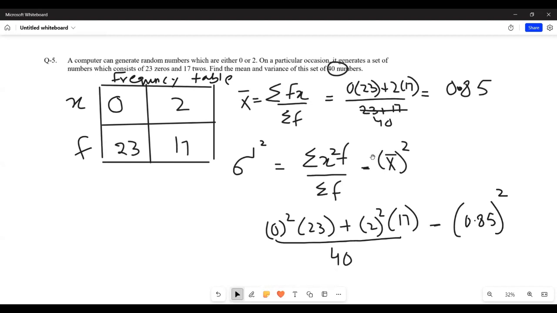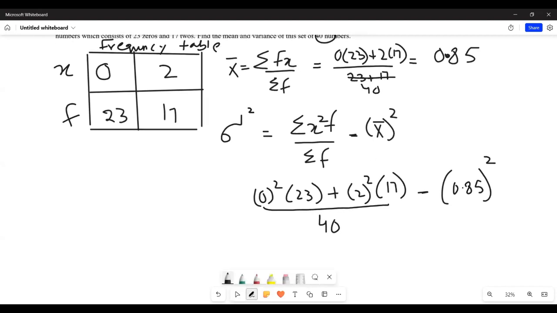We do not square root the whole thing because it is variance and not standard deviation. So all of this gives 0.9775.